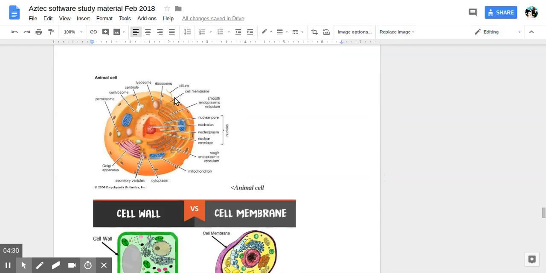Cilium is part of the cytoskeleton, which helps the cell travel. Nuclear parts: nucleoplasm is like the cytoplasm, but inside the nucleus. Nuclear pores.